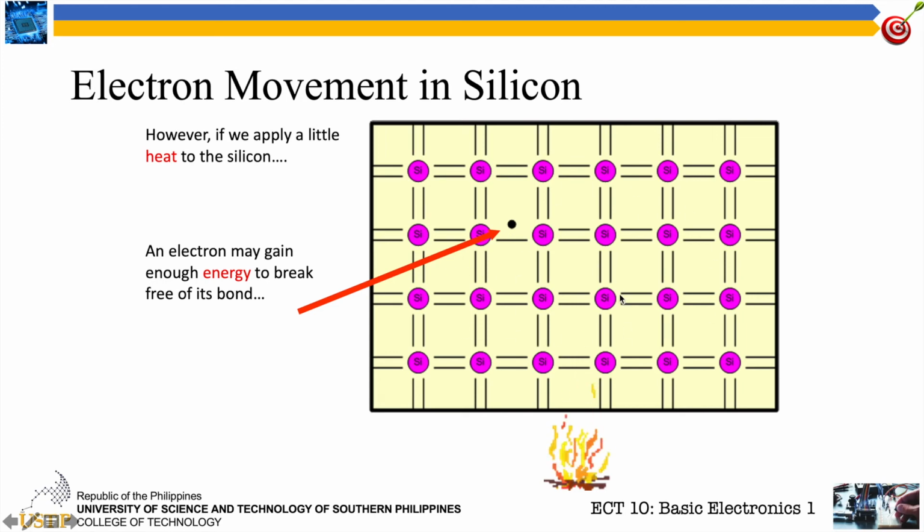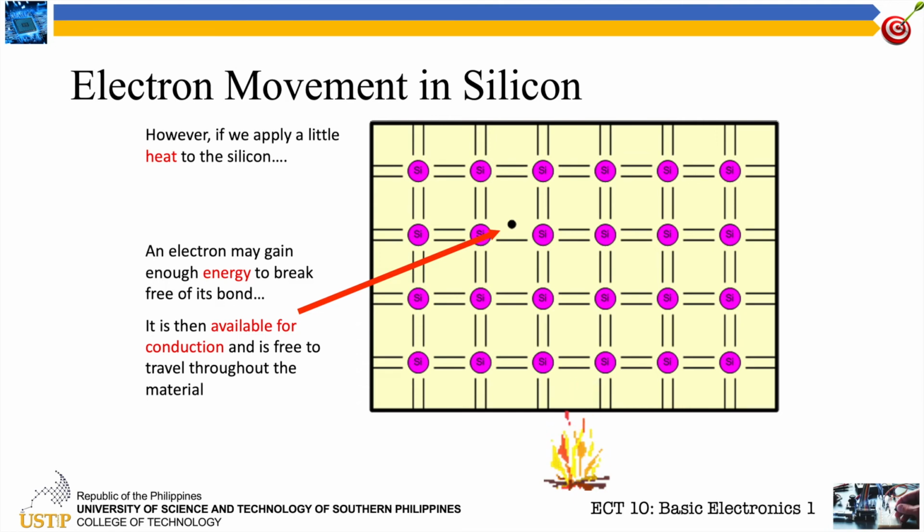It will just wander where it will be placed. The aim here is to let one silicon electron jump from one atom to another atom. It is available now for conduction and is free to travel throughout our material.